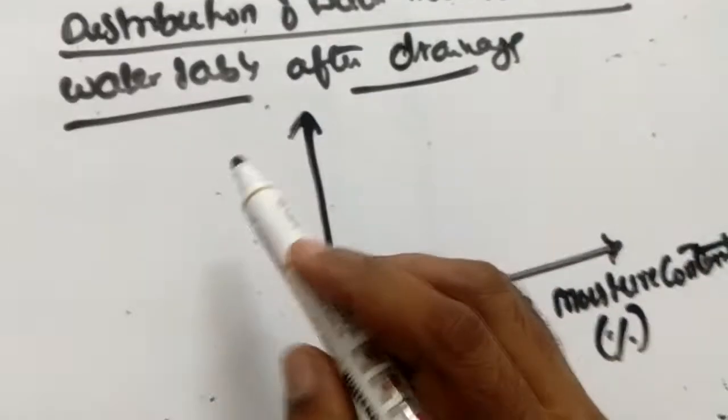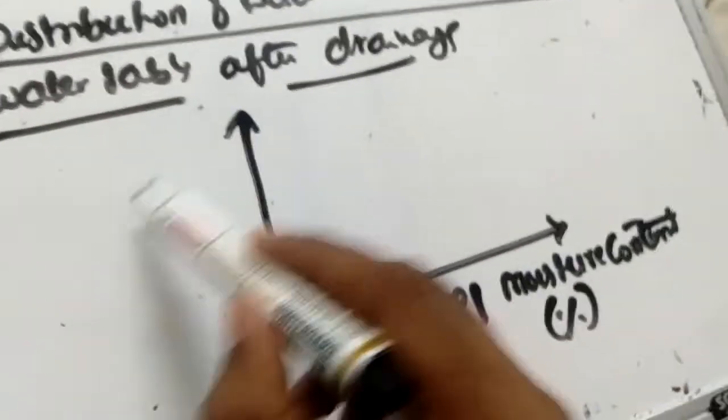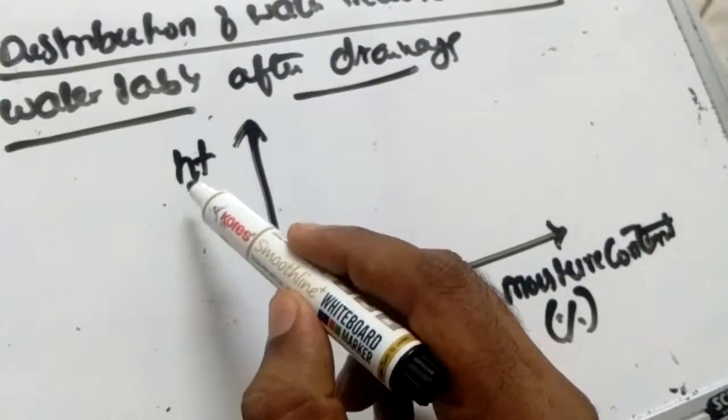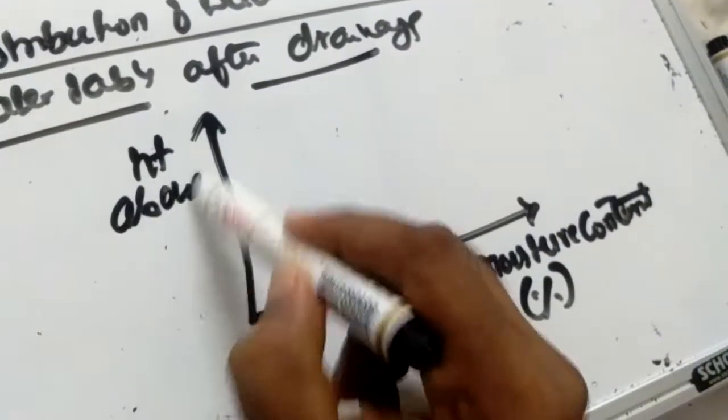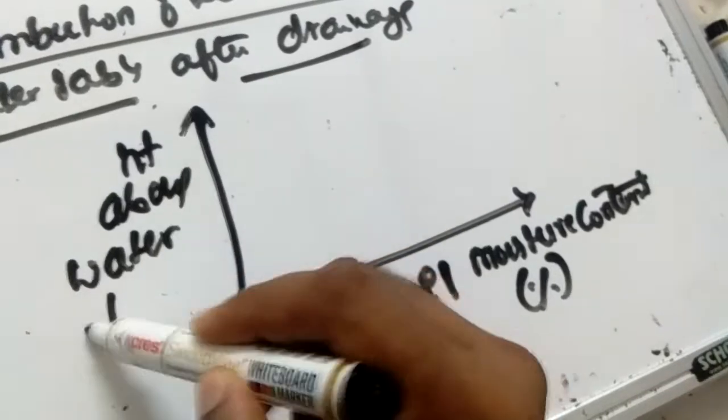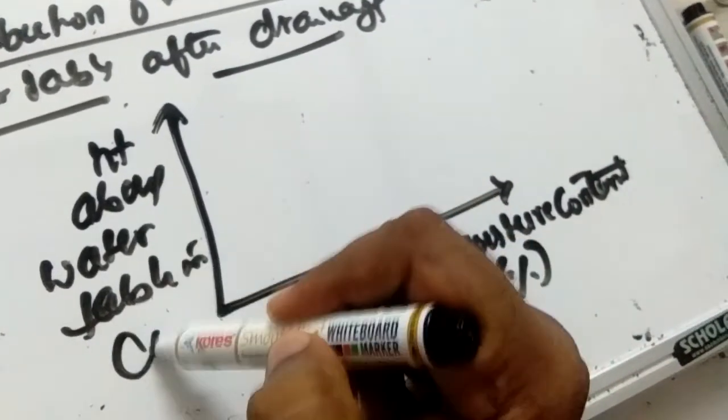This is the height above water table in centimeter.